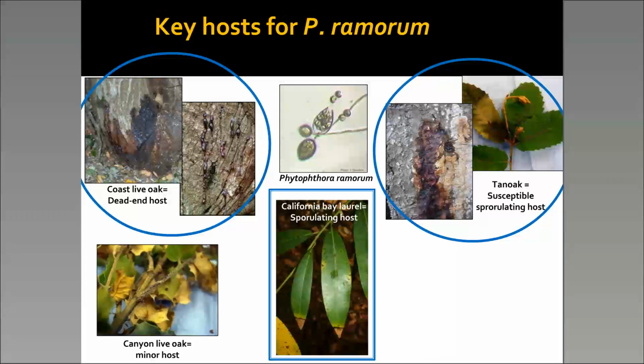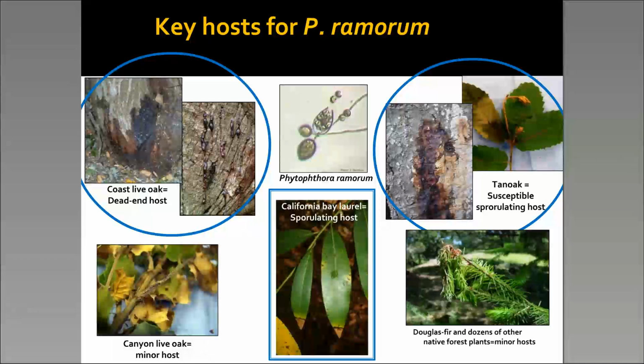Then there are a lot of other hosts that are minor hosts, but that do play a role. For example, canyon live oak, twig dieback can be caused by ramorum. And then there are a whole bunch of other minor hosts where symptoms are not always seen, not so pronounced, but the pathogen can infect these. Douglas fir is one of them.